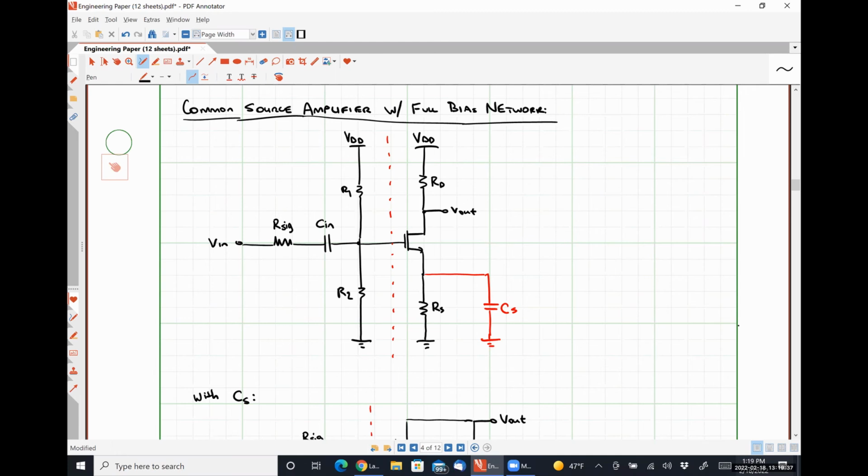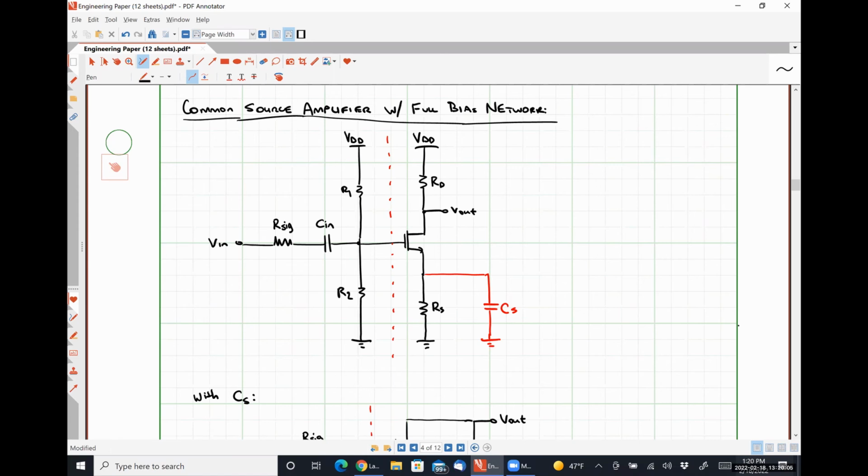That we beat to death previous to exam 2, right? So the analysis to figure out the DC operating point, we have covered at length. What we're doing now is looking at the AC analysis where all of our DC terms are effectively 0, right? That's why we treat VDD as a small signal ground. We're turning off our DC sources.